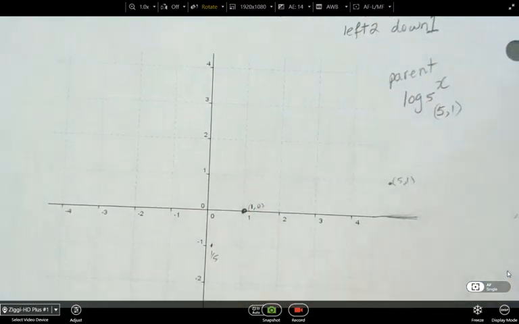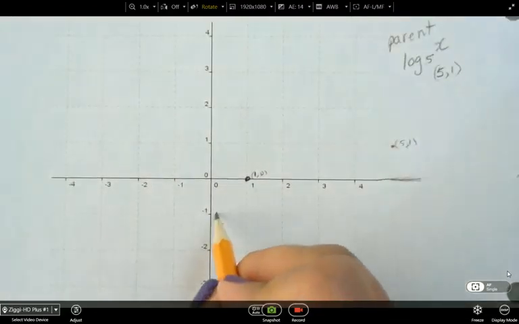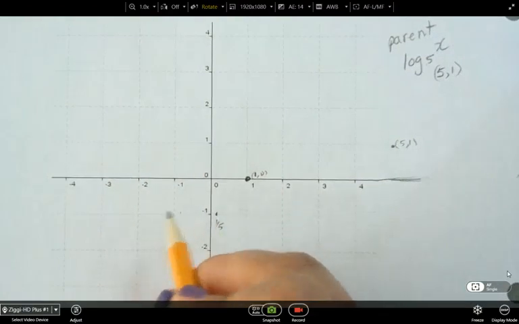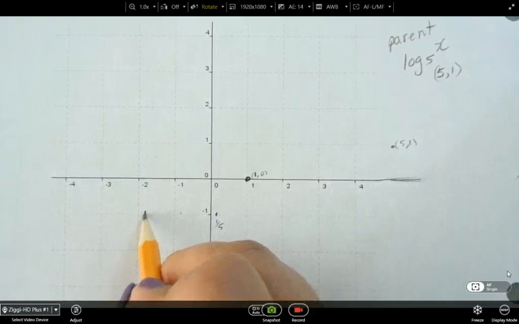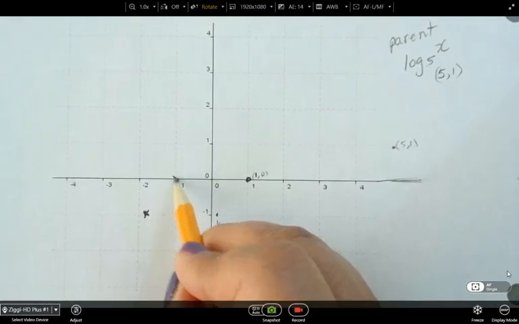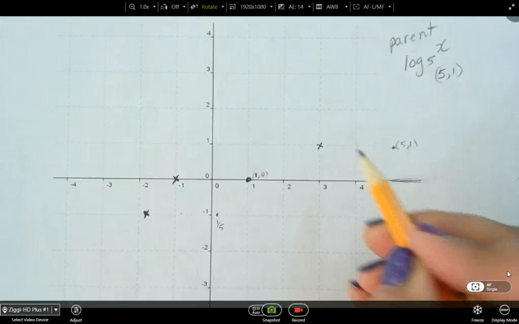Now I need to move every point 2 units to the left and 1 unit down. So for these fraction guys, let's just do it one at a time, and it's going to end up right there. I'm going to put an X there so I know that's where I'm going. And then this is going to go 1, 2 to the left, and this is going to go 1, 2 to the left.